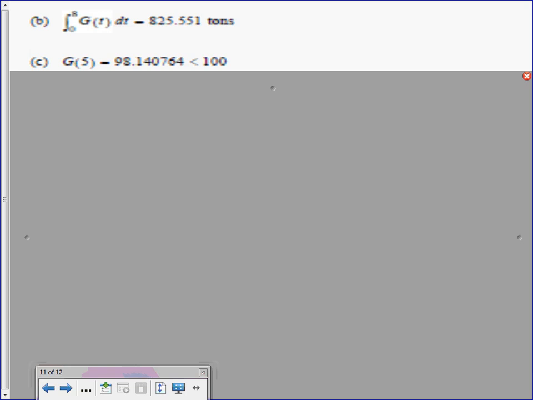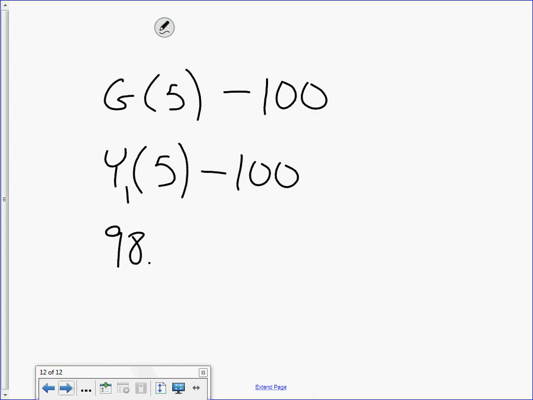If you just take G of 5, that's 98.141. So 98.141 minus the rate out. You could have just said, oh, that's less than 100, so rate in is less than rate out, so it's decreasing. Or you could say rate in minus rate out is negative, so it's decreasing at t equals 5.